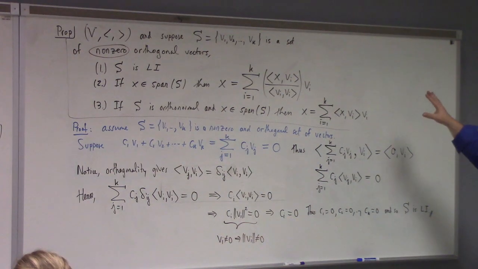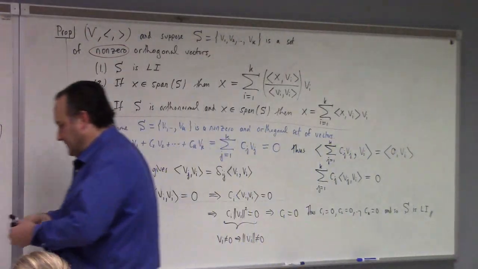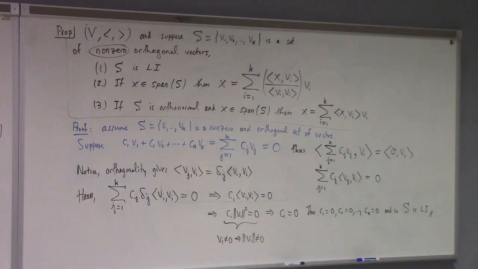And almost the same calculation proves part 2, right? Let's work it out. So if x is in the span, we have what? We have x in the span of S implies that x is equal to the sum, let's say j equals 1 to k of Cj Vj, right?